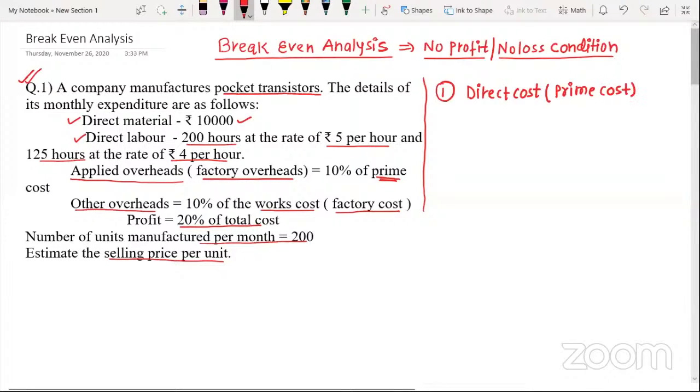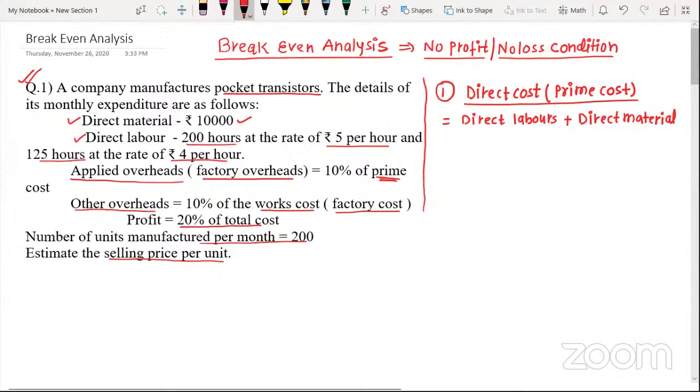The direct cost is associated with the cost of direct labors, meaning the labors who are directly involved in production, plus direct material cost. It can be direct labor cost or direct material cost.